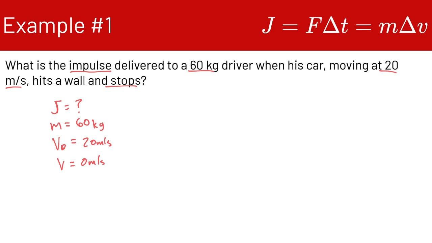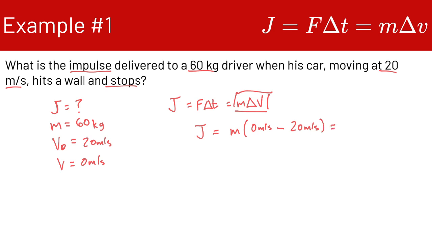Looking at our equation here, the impulse momentum theorem, we have J is equal to F delta T equals m delta V. We have a change in velocity and mass, so we're going to use this part of the equation, m delta V. So impulse is equal to mass times our final velocity, 0 meters per second, minus our initial velocity, which is 20 meters per second.